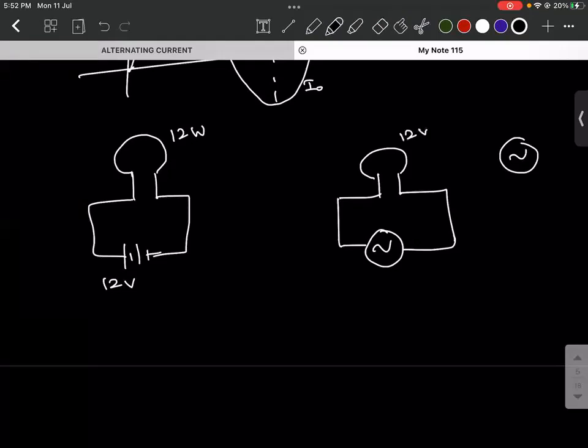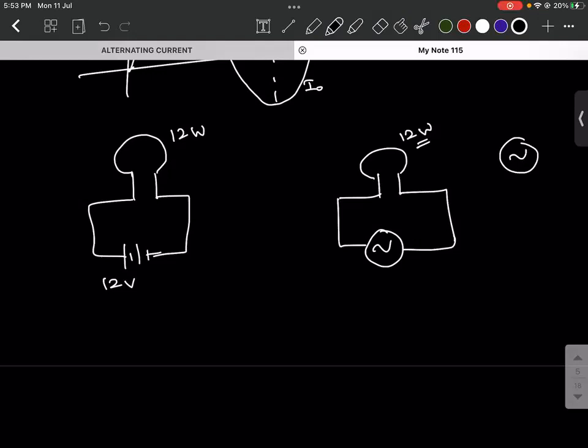Listen to this carefully. So you have a 12-watt bulb in your hand, which is connected to a 12-volt battery. So this will give a certain amount of brightness to that bulb. When I say brightness, it is some amount of intensity that is associated with it. Now, if you take the same 12-watt bulb and connect it across an AC source, then what value of AC should be equal to this DC is the question.